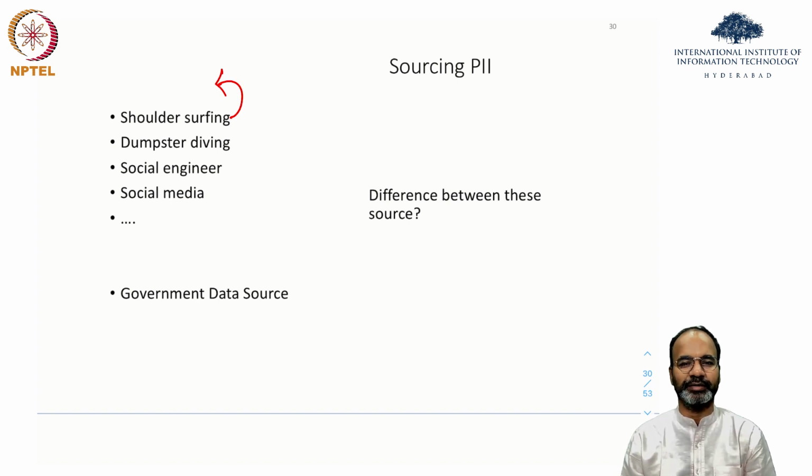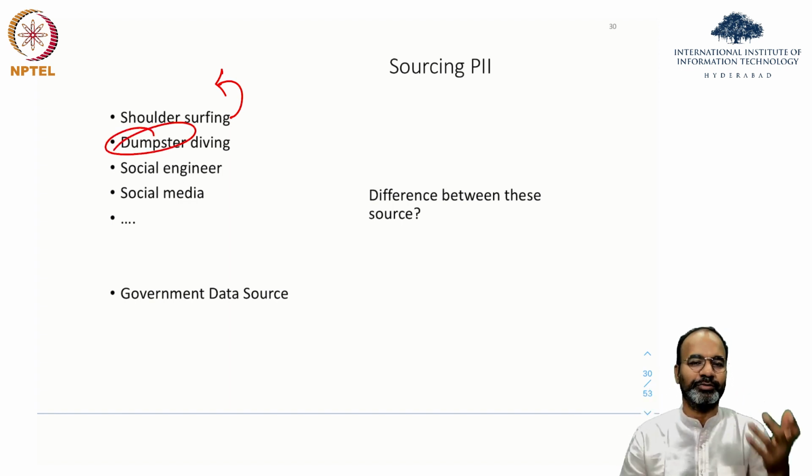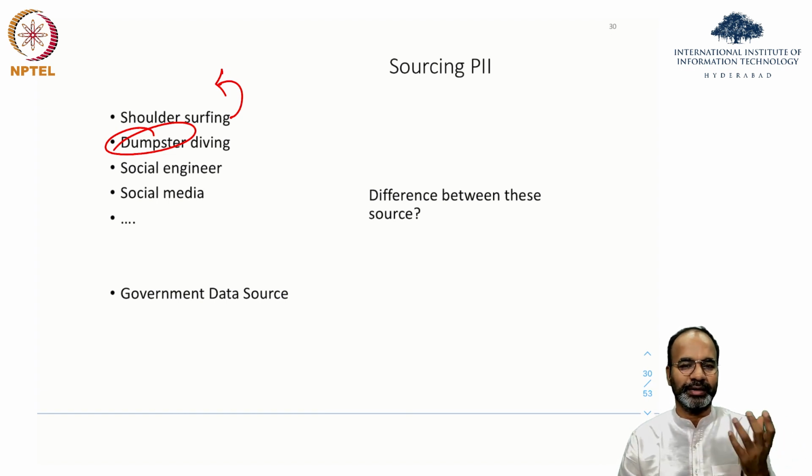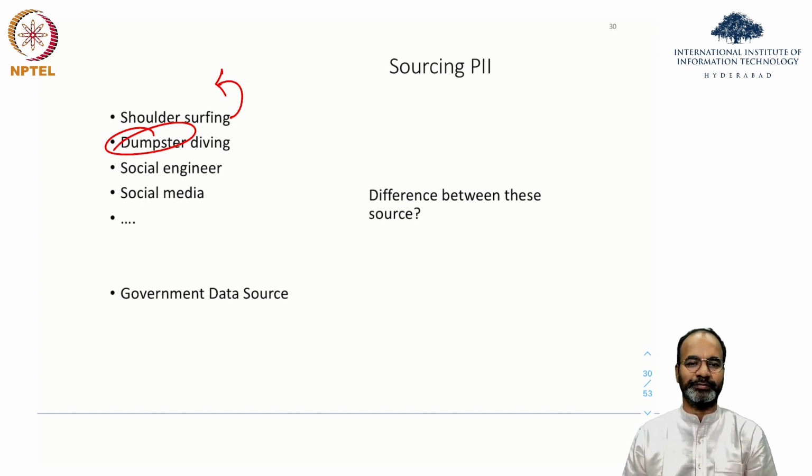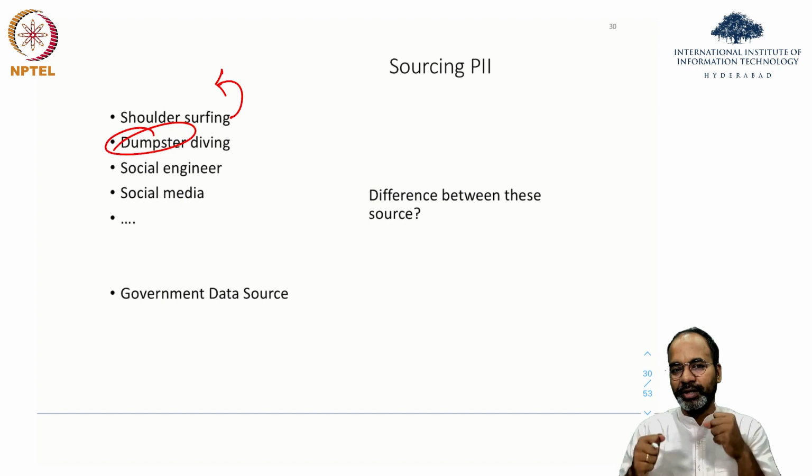Dumpster diving is another way you can collect very personal information about users. The idea of dumpster diving is that you throw trash, maybe credit card bills or your big basket bills, and that gets thrown out of your home into a larger place. If I wanted to find out personal information about people, I would dig through that trash and could get a lot of information.